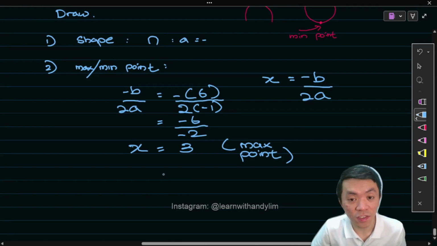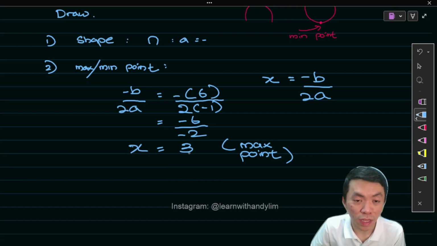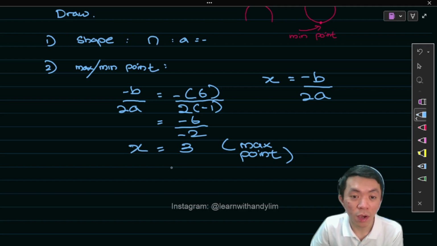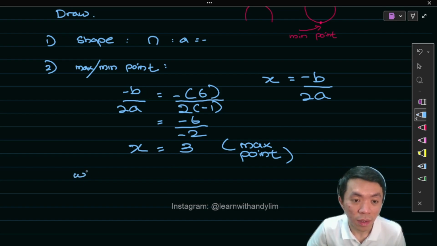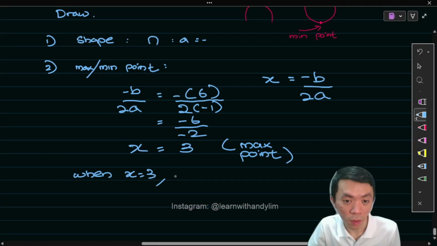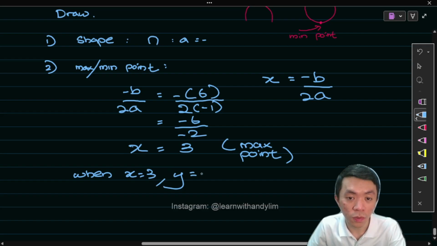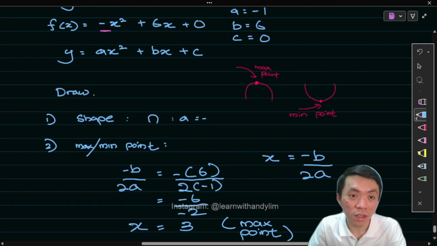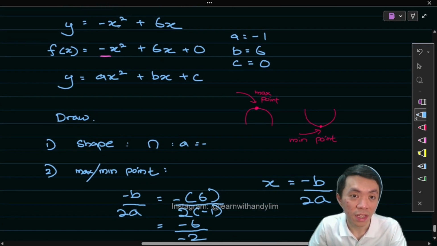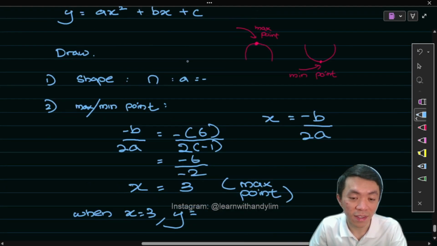The x coordinate is not sufficient. With the x coordinate, I also need my y coordinate for it to be a coordinate. I need my x component and my y component. So what can I do? I can take this x. I can say when x equal to 3, what happened to my y? y is equal to, take the original equation, negative x squared plus 6x.